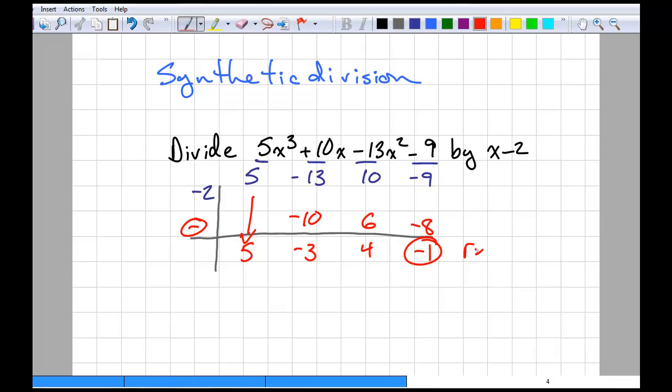The last number is always the remainder. The other numbers are the coefficients of the terms of the quotient.